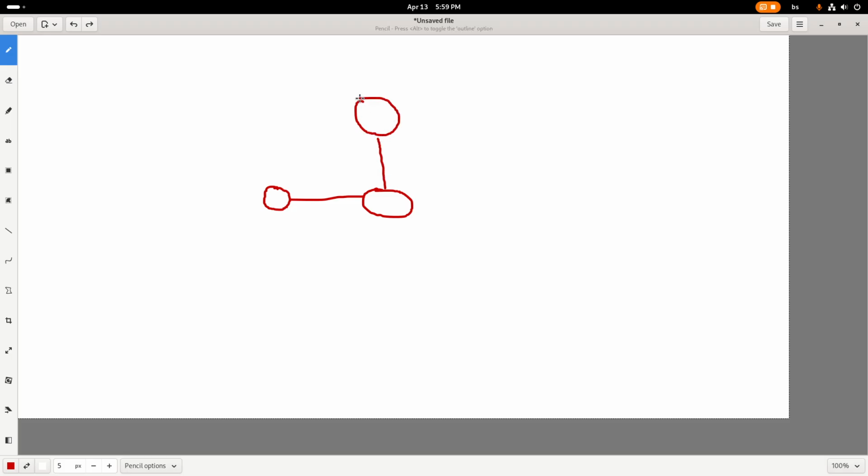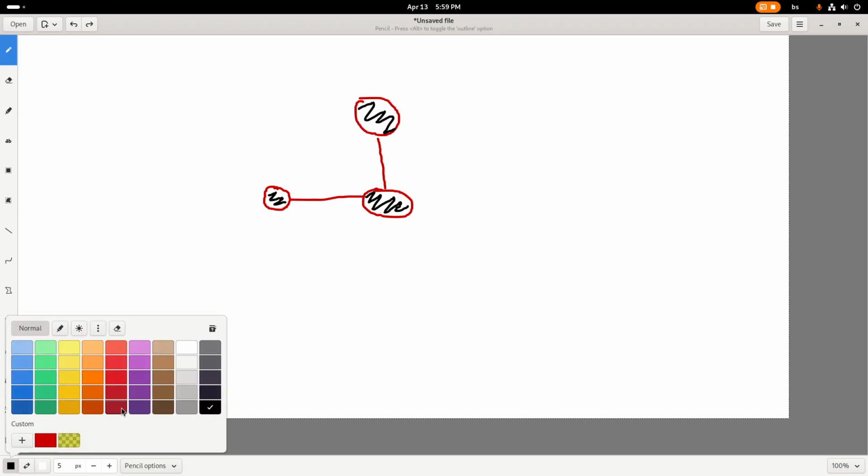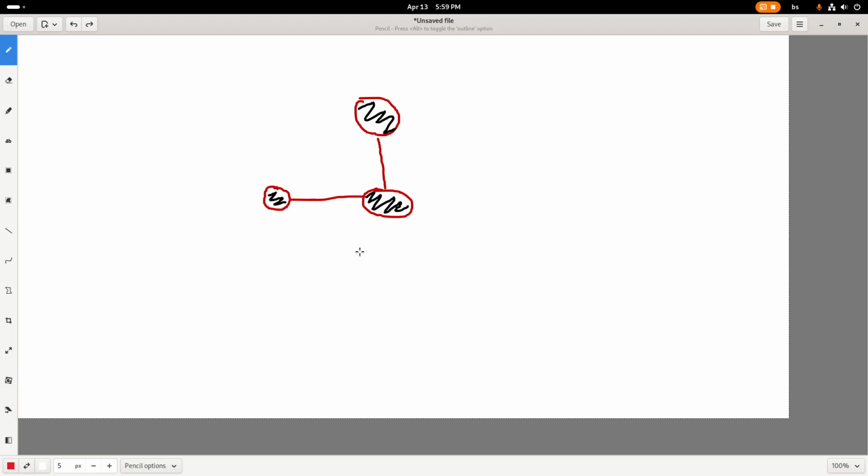Then there's another one here. And then maybe all three of these are black. So you want to color them red. But then this one has two red neighbors.